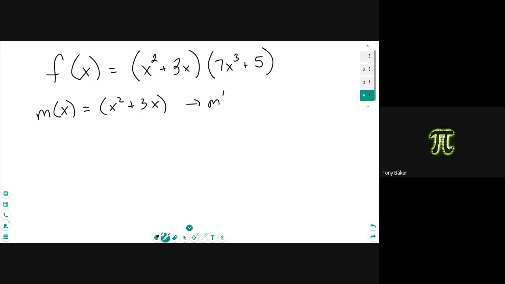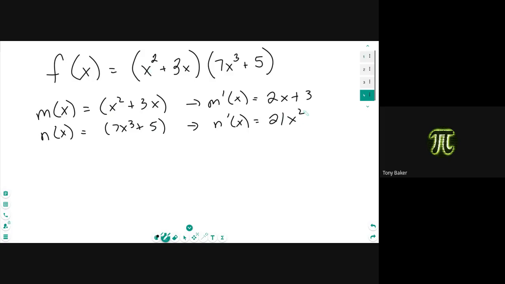So the derivative of that would be what? 2x plus 3. And then n of x would be 7x to the third plus 5. So the derivative of that would be what? 21x squared. Correct? All right.